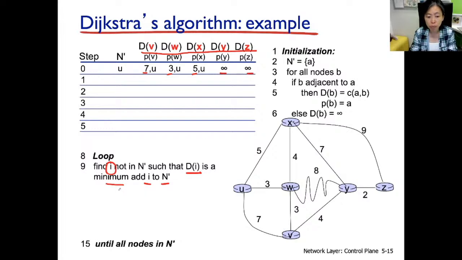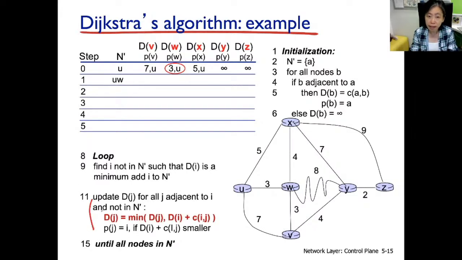Which one is the minimum? Yeah, 3 here is the minimum. Therefore, i is w this time, and we'll include it into the N prime set. That is why we next see u and w both in the N prime set. And then we can now do the second thing we do in the loop.